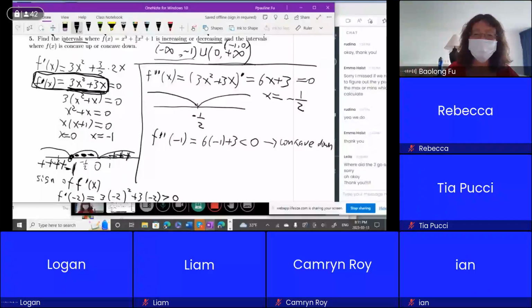Where is concave down? From negative infinity to -1/2. And here, concave down.